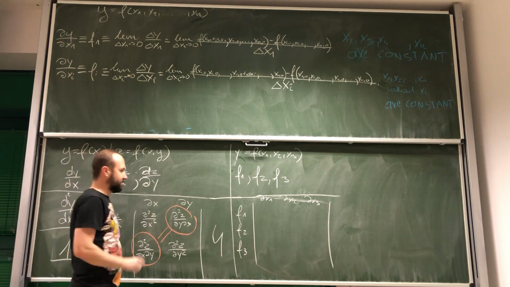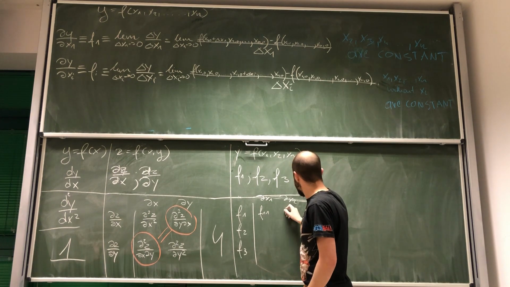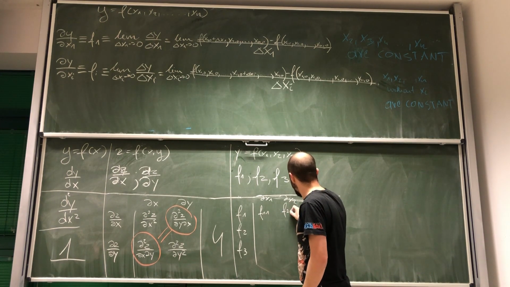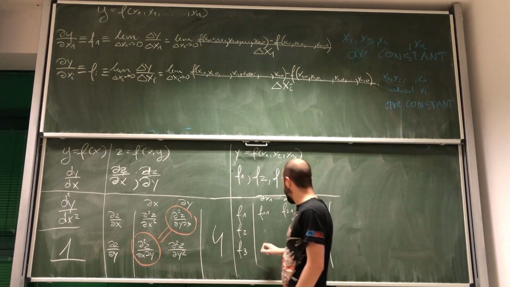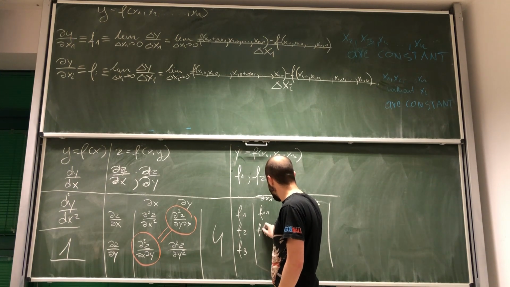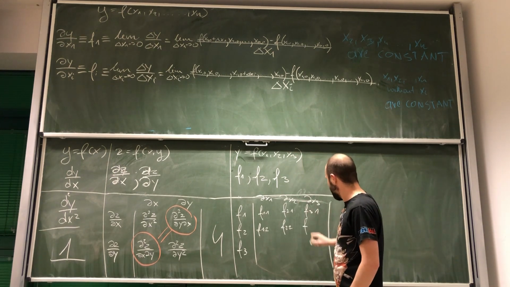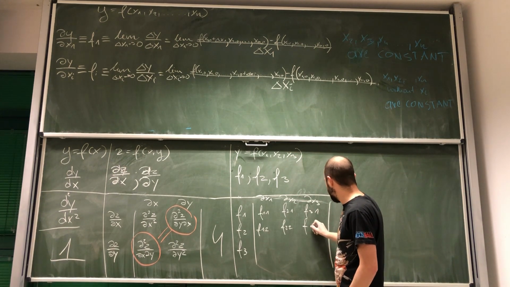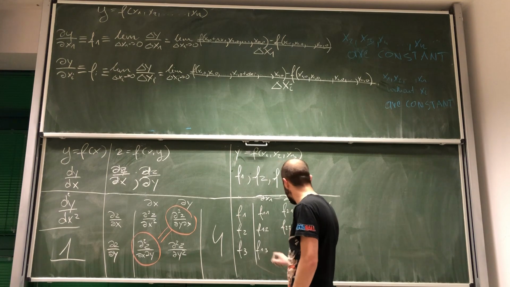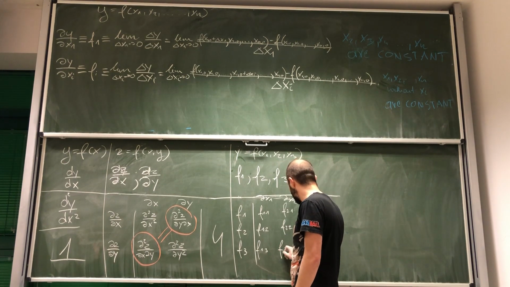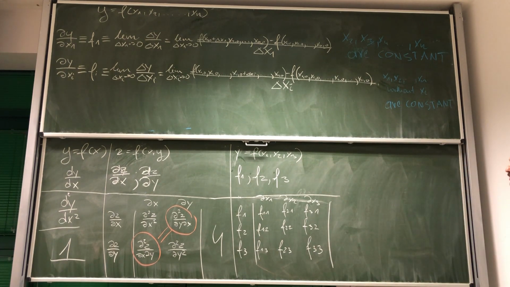So, what will I get as a result? Look, here I will have derivative f11, f12, and f13. Here I will have f21, f22, f23. Over here, f31, f32, f33.